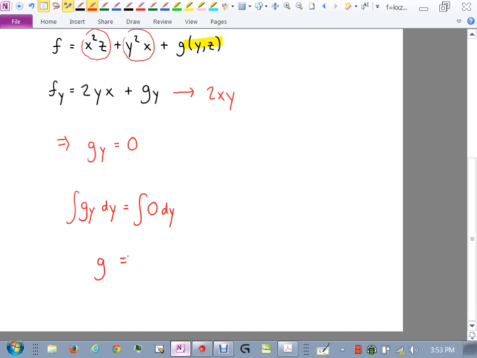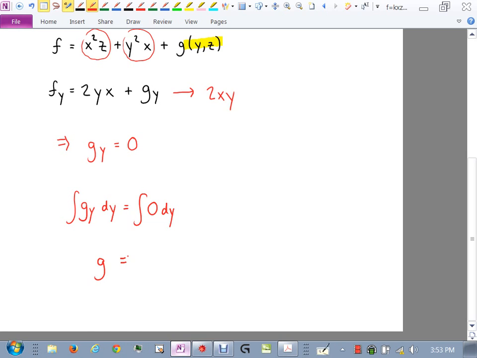Could have z in it, right? Because look, we said the derivative of g with respect to y must be 0. But what if g had z's in it? Then those would have gone to 0, wouldn't they have? So it is possible that because g had y's and z's, that when we took this derivative and got 0, we still could have had z's in there. So when we integrate this side right here, we could have what?